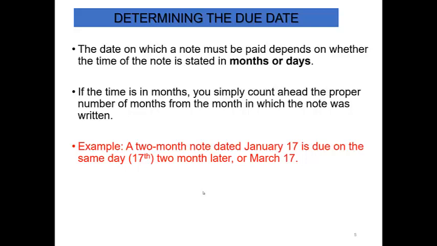For example, a 2-month note may not be due on the same day that a 60-day note would be. For example, if we have a 2-month note dated January 17th, it's going to be due on the same day 2 months later. So we'll just count ahead 2 months, February, March. So March 17th is our due date.